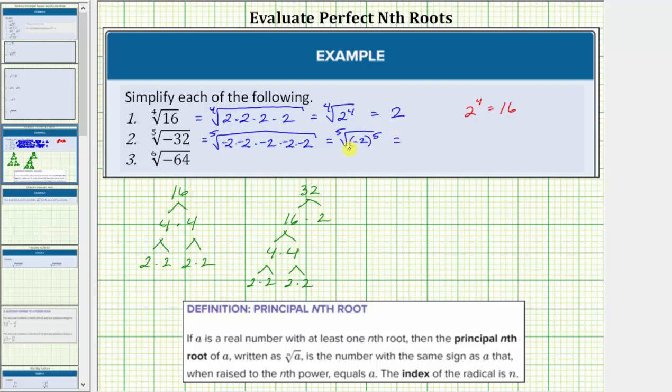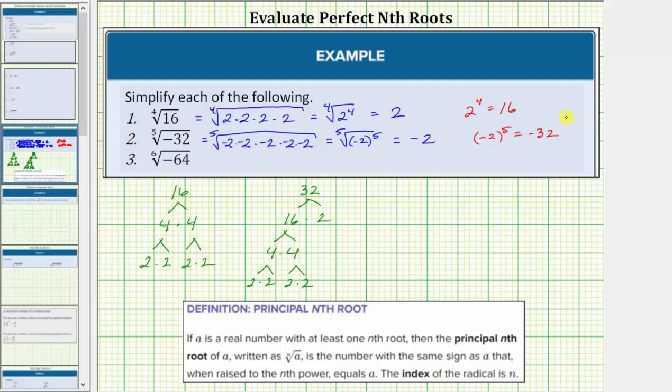And because negative 2 raised to the fifth power equals negative 32, the fifth root of negative 32, or the fifth root of negative 2 to the fifth, equals 1 factor of negative 2. Again, in this form, we can think of the fifth root as undoing the fifth power, giving us 1 factor of negative 2. The fifth root of negative 32 equals negative 2 because negative 2 raised to the fifth power equals negative 32.